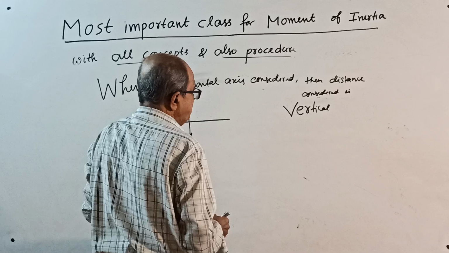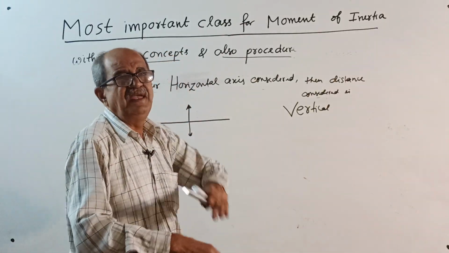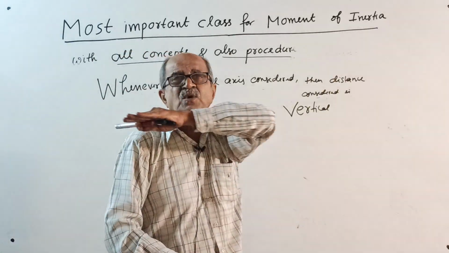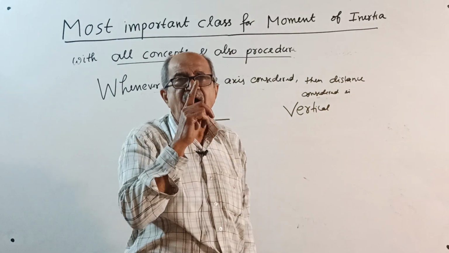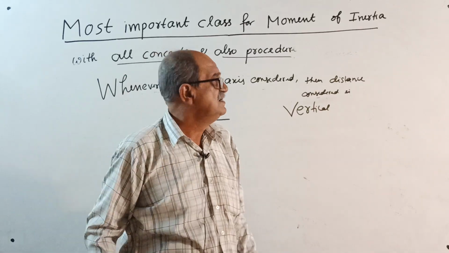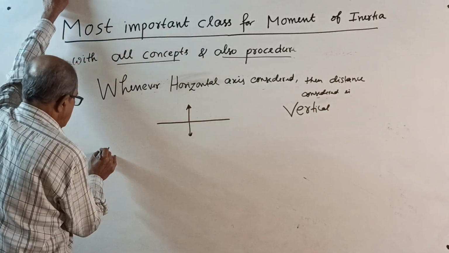I told it repeatedly. Whenever you consider a horizontal axis, you consider vertical distance. So axis horizontal means distance vertical.